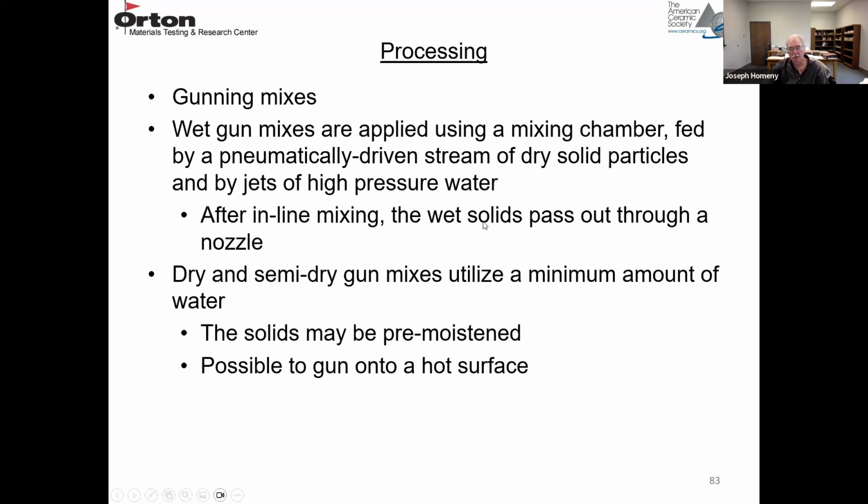At the nozzle, the wet solids pass out of the nozzle, impact the wall, and adhere to the wall or a ceiling or a floor. With dry and semi-dry gun mixes, you try to use a minimum amount of water. The solids can be slightly pre-moistened, and I mentioned you can gun onto a hot surface. So you can do a hot repair as well as a cold repair.